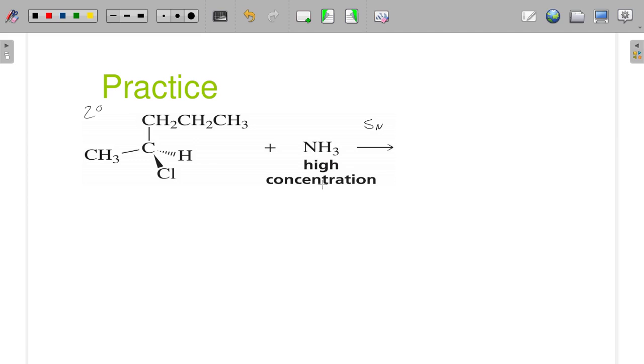Because it's high concentration and it's a reasonably strong base, we know this is going to be SN2. So since this is SN2, I can do something neat like this. I can draw the carbon backbone exactly like it is, reverse the hydrogen and the nucleophile that goes on. In this case, it's going to go on as NH3, and then we'll just get that deprotonated and end up as NH2.